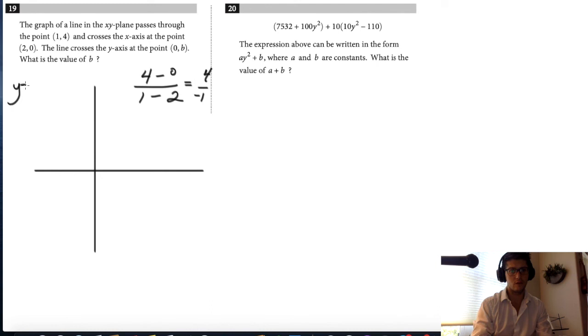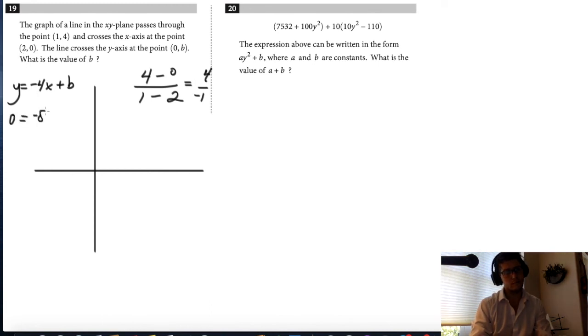So what we got so far is y equals negative 4x plus b. And we could just put in the values here. So when x equals 2, y equals 0. That's negative 8 plus b. So b is going to be 8. And if you want to confirm that with the other point, try y equals 4, x equals 1, right?